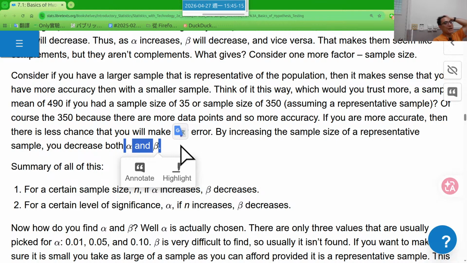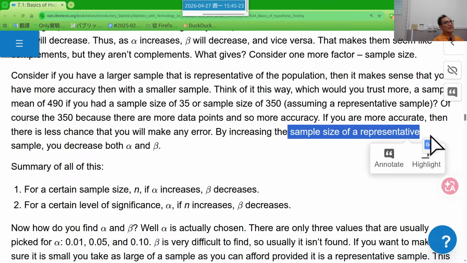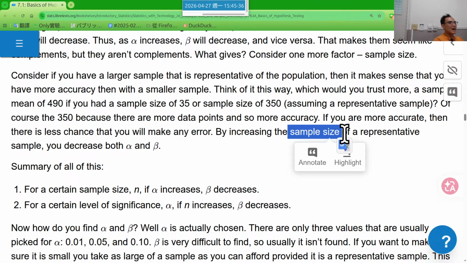The best way to reduce the alpha value and beta value is to increase the sample size, but there is no free lunch. What does it mean? You need more time, more budget, and more labor to increase the sample size, unless you can get it easily.